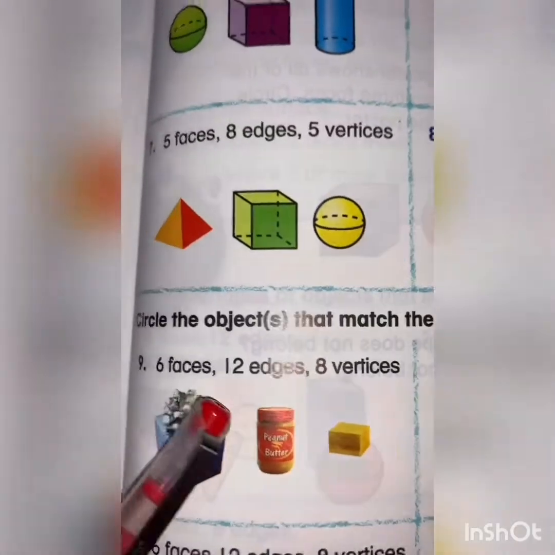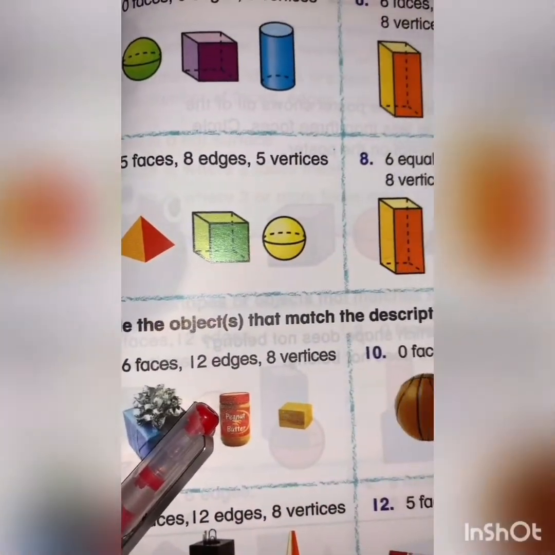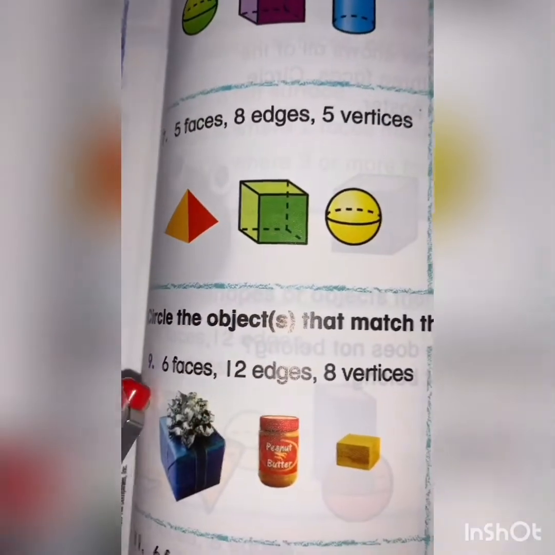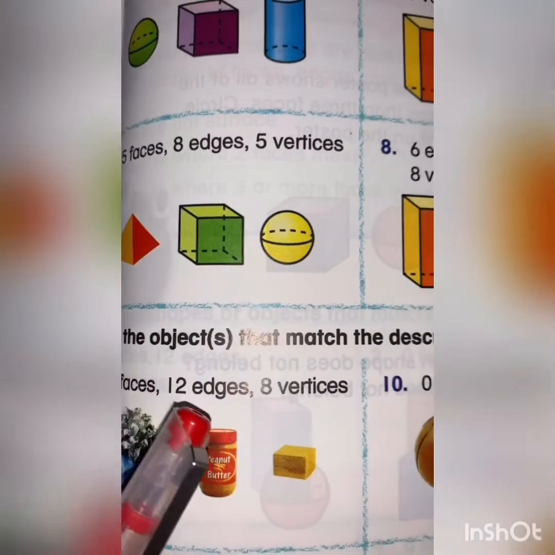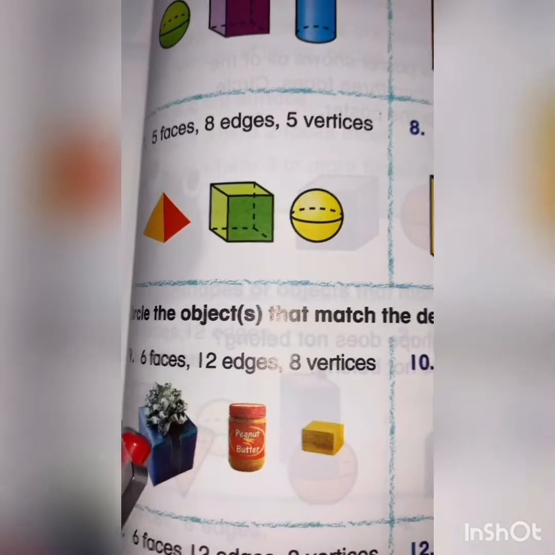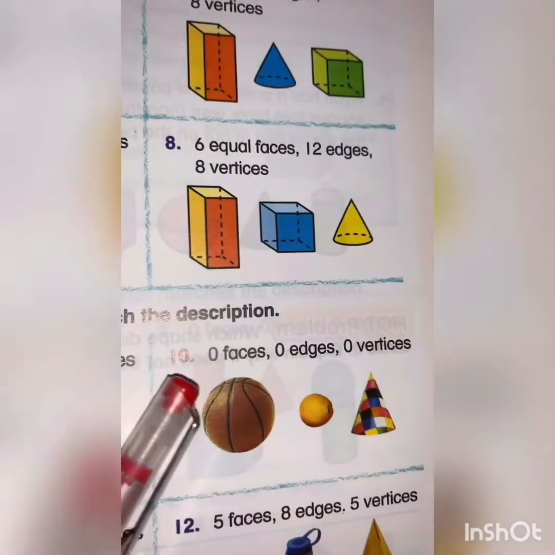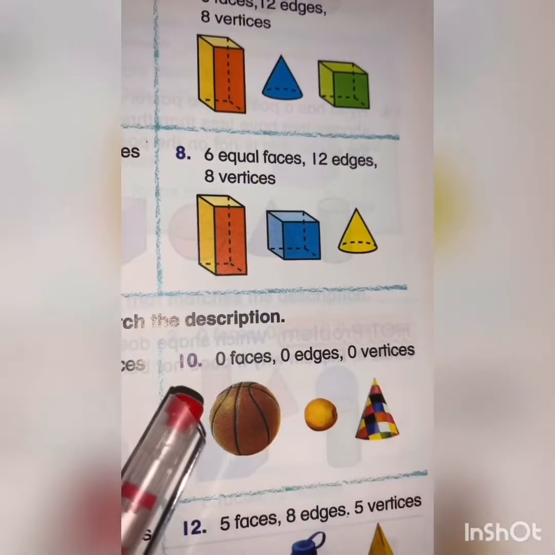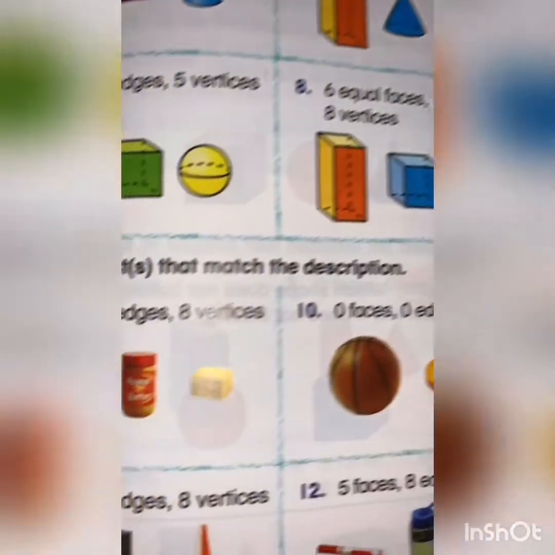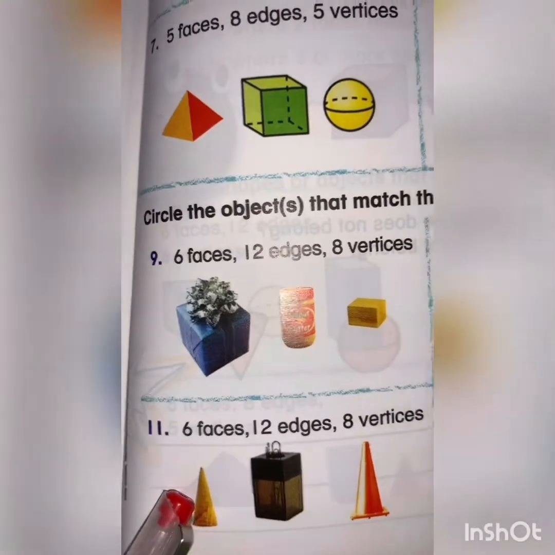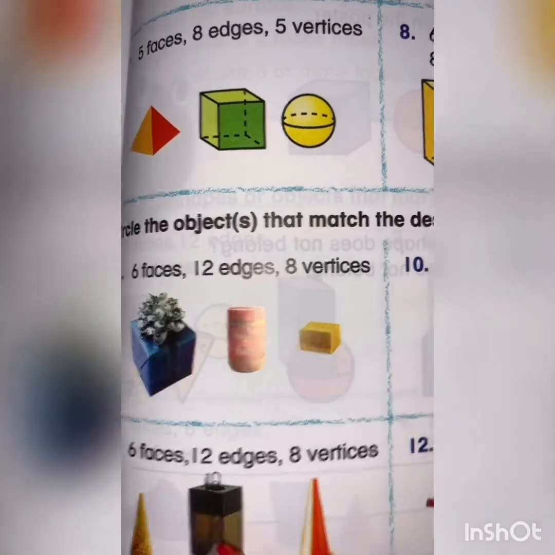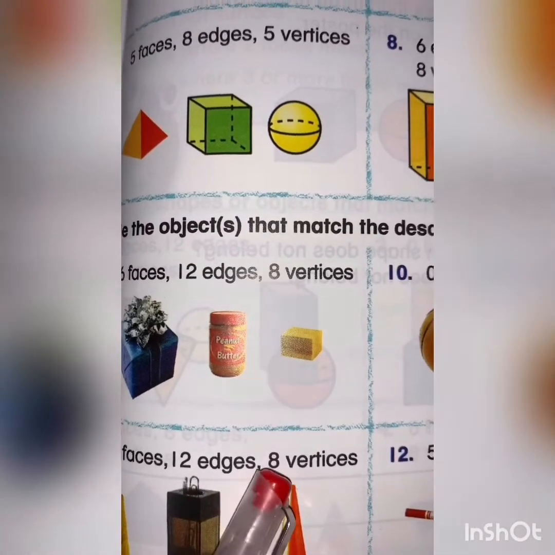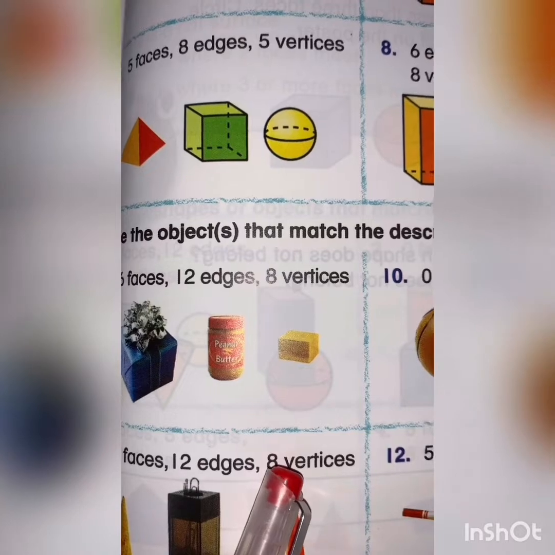Okay, here we need also to circle the object that matches the description. Here in number 9, which shape has 6 faces, 12 edges and 8 vertices? For sure the cube. Number 10, 0 for everything, for sure will be the sphere. And as for number 11, which shape here has 6 faces, 12 edges and 8 vertices?